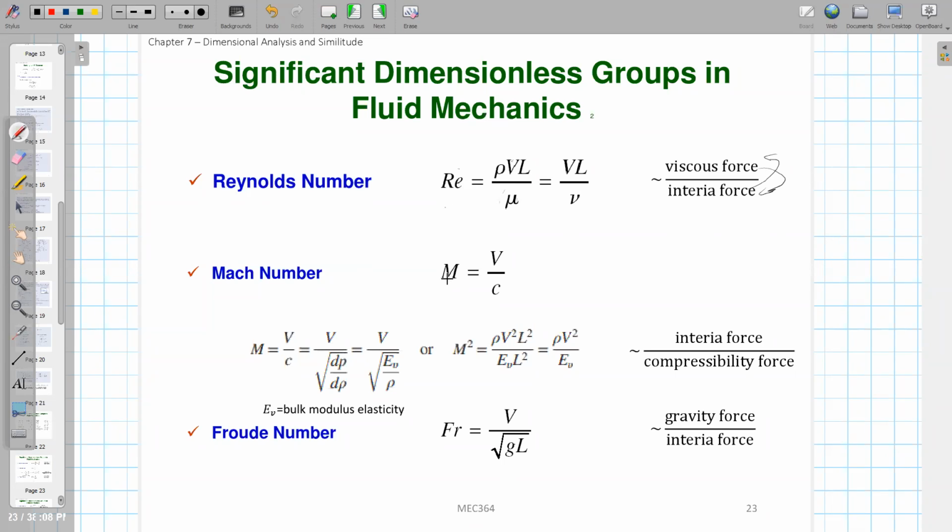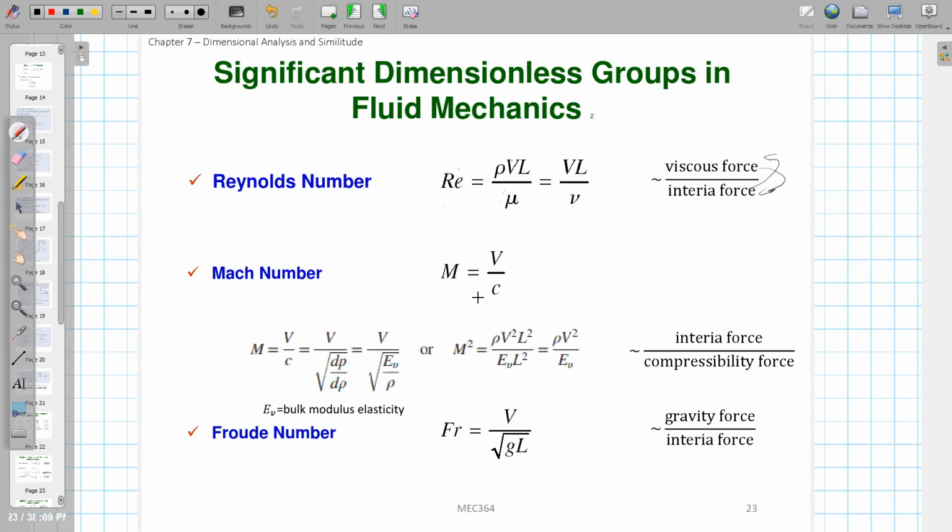Another important dimensionless parameter we see in fluid mechanics is the Mach number, which we already defined earlier as the velocity over the sound speed. The Mach number is a special one because it has two different kinds of meaning, but they all use the same parameter.